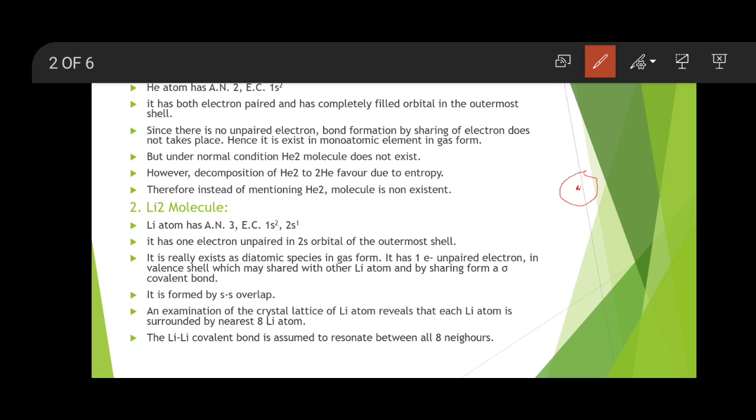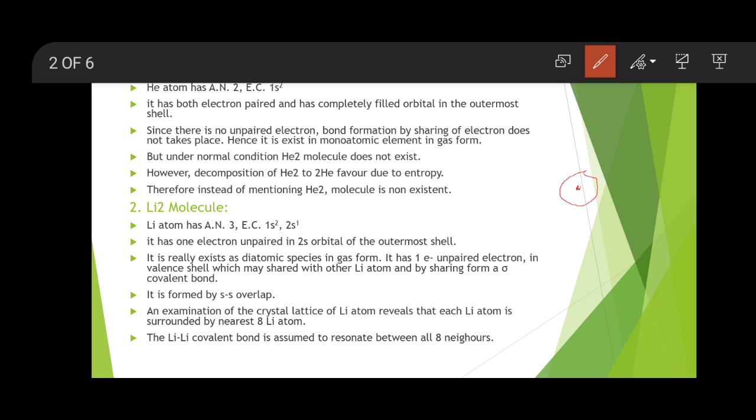In that nucleus there are two important constituents: one is called neutron, and the second one is proton. And electrons revolve around the nucleus in a shell. So this is a shell.